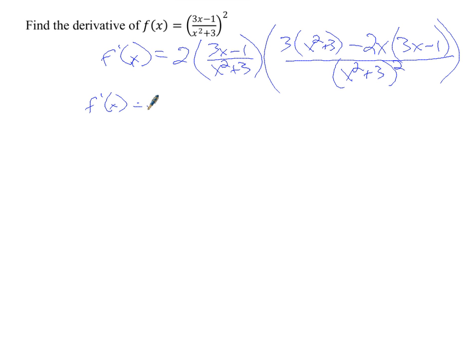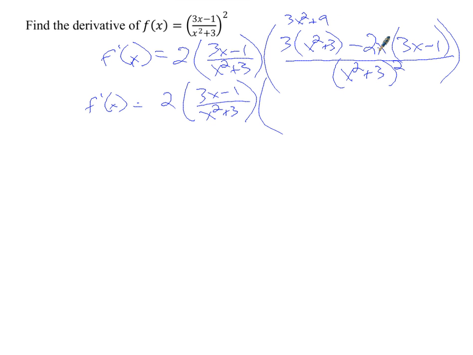Okay, so I want to leave that 2 out front for now. I'm going to leave this alone: 3x minus 1 over x squared plus 3. I'm going to simplify the numerator over there. If I distribute that 3, I get 3x squared plus 9.